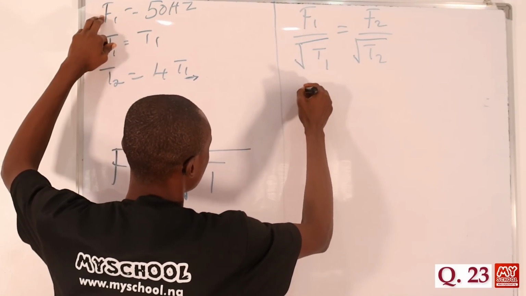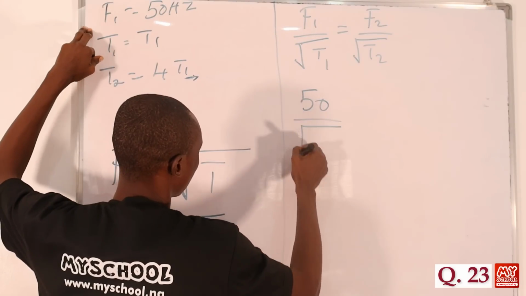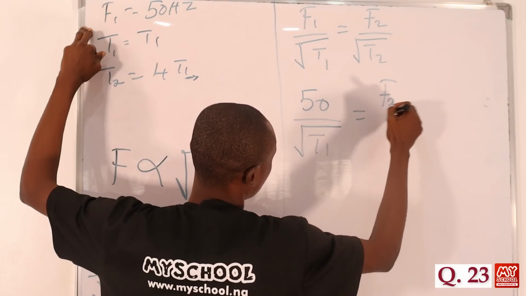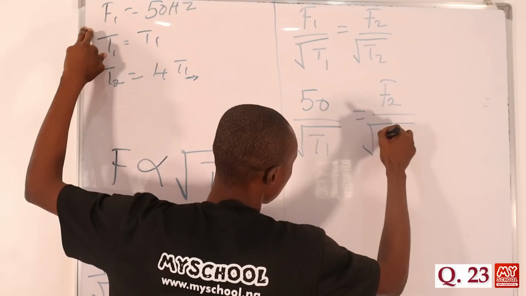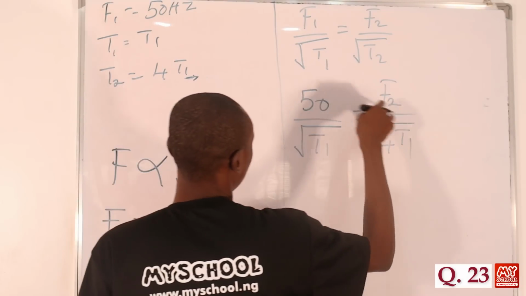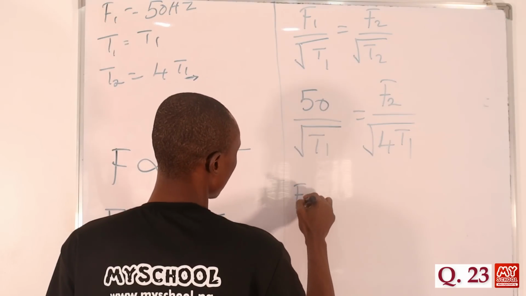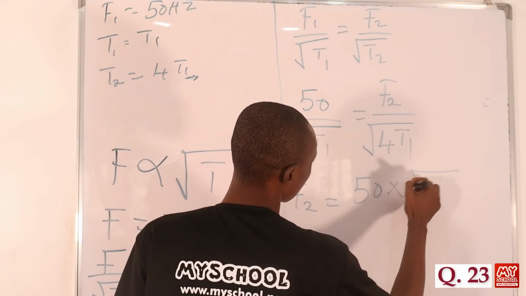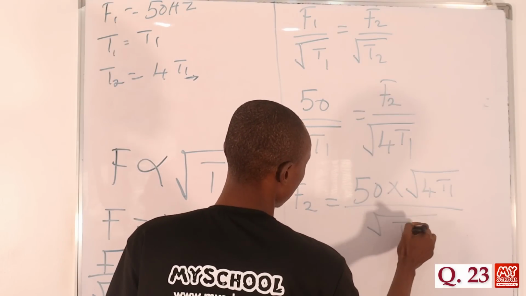Our F1 is 50, our T1 remains T1, F2 is the frequency we are looking for, and our T2 is 4T1. We cross multiply and make F2 the subject, so that F2 equals 50 times root 4T1 divided by root T1.